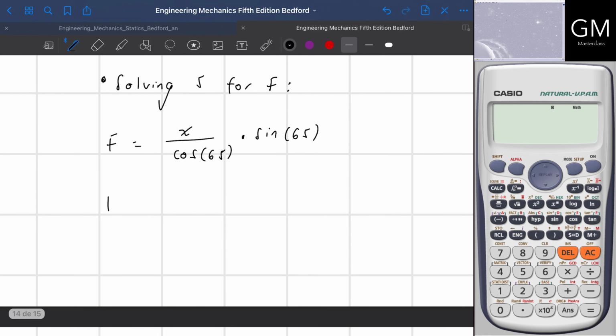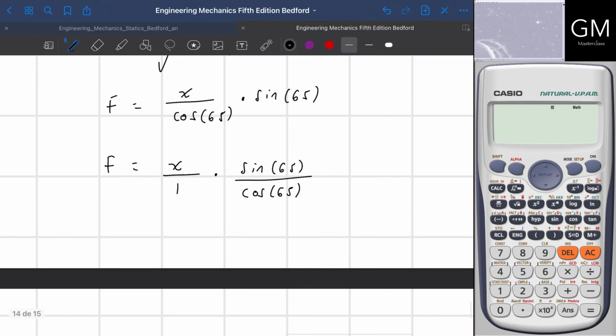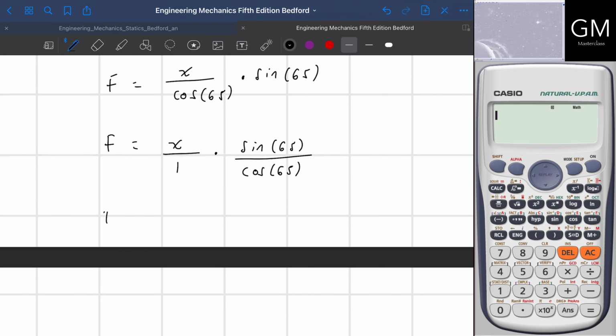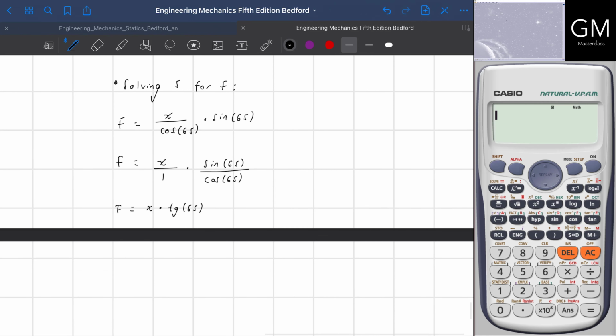Then I can see this as x divided by 1 multiplied by sine of 65 divided by cosine of 65. Then I'll have f is equal to x multiplied by tangent of 65. I usually write tangent like this. Okay, and this is going to be my equation number 6.